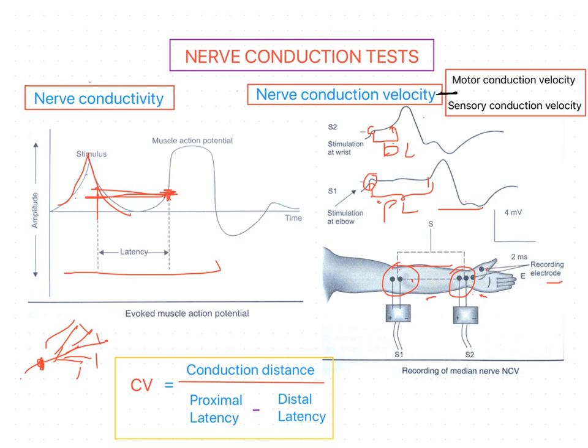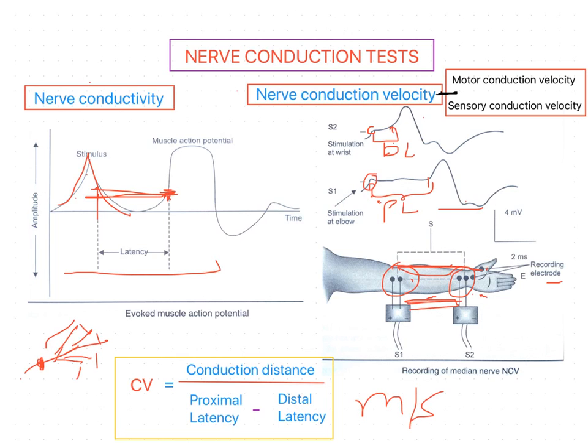Conduction velocity is determined by dividing the distance between the two points of cathodal stimulation by the difference between the two latencies. In this way, we can find the motor conduction velocity.